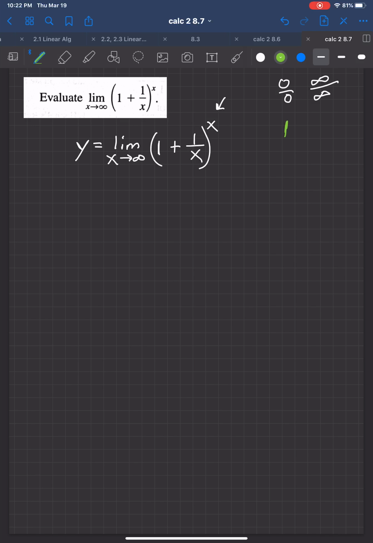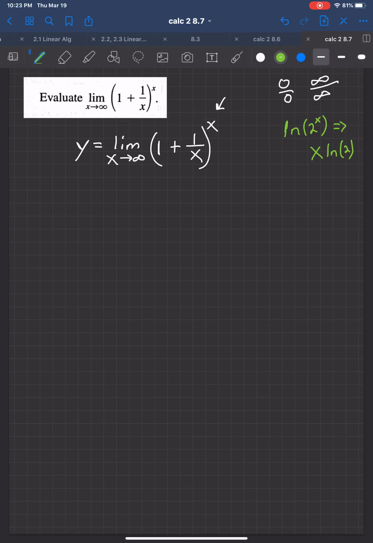If I take ln of, let's say, 2 to the power of x, I can rewrite that as x ln of 2. So okay, let me see if I can do something with that.